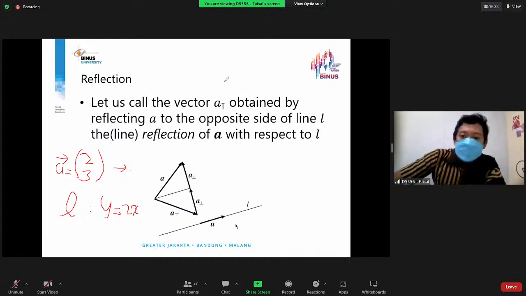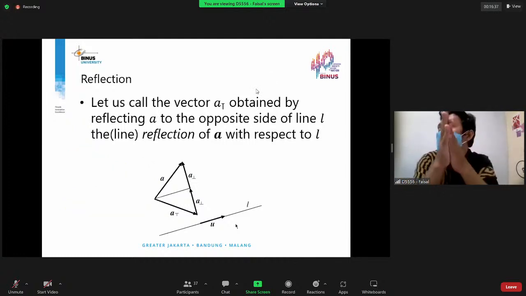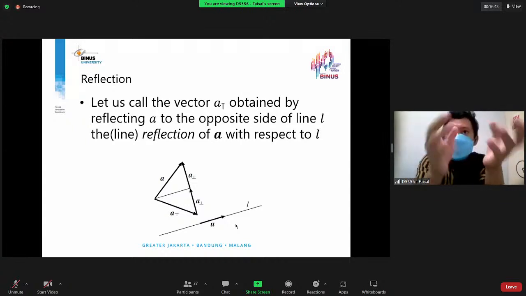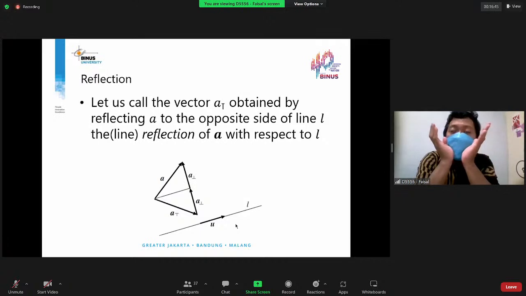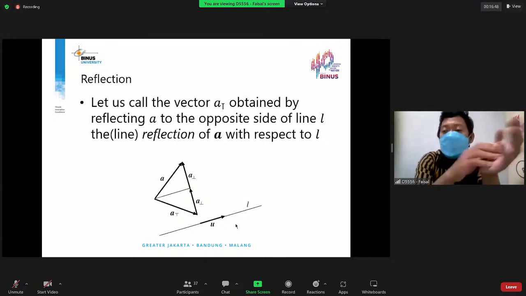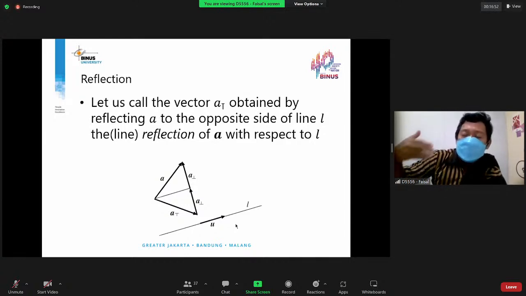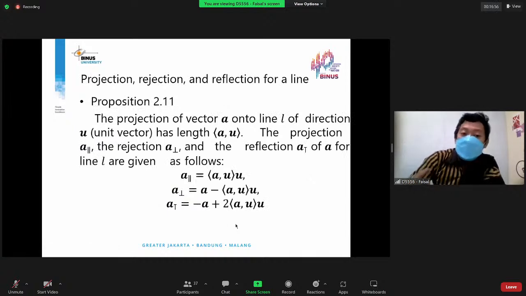Okay, and using the geometry of the dot product or inner product, using the geometry of vectors in 2 dimensions and 3 dimensions, we get this result.